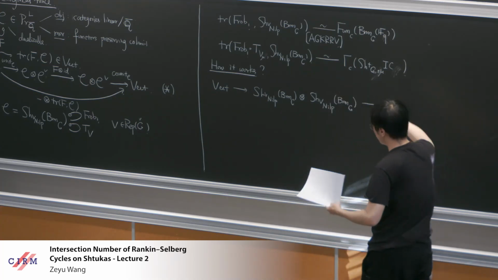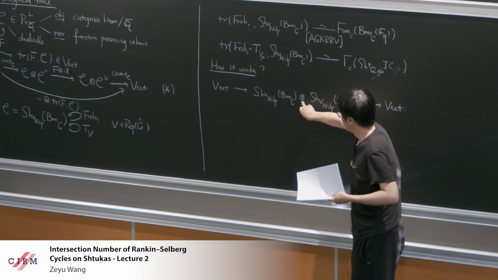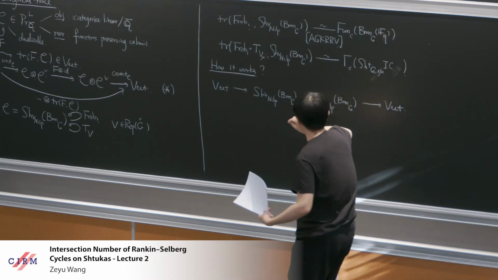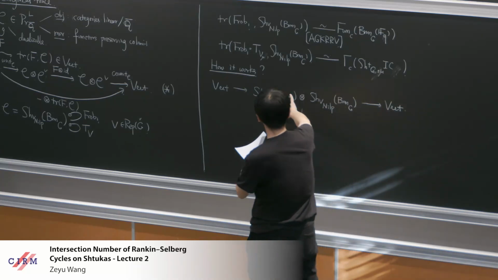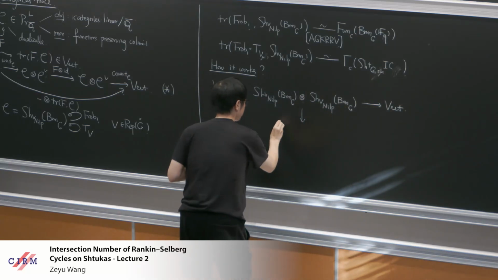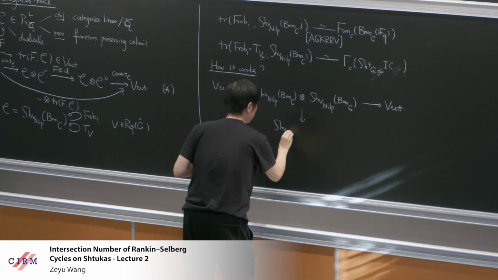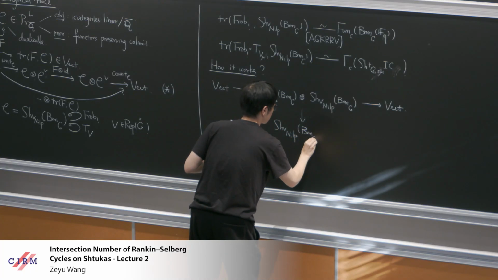And then the next thing you need to do is, since this tensor product is very abstract, you want to make it something concrete. But there's an obvious candidate for this kind of tensor product, which is the sheaves on Bun_G times Bun_G.